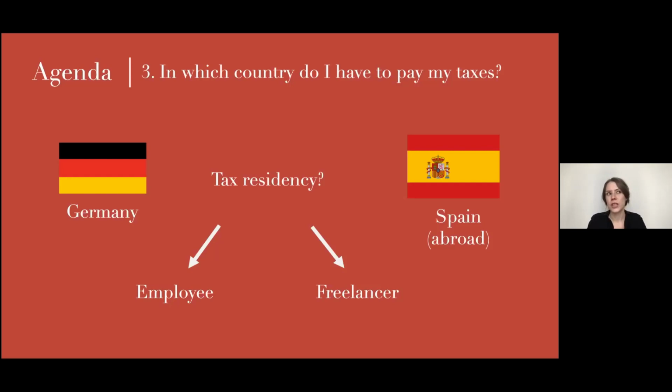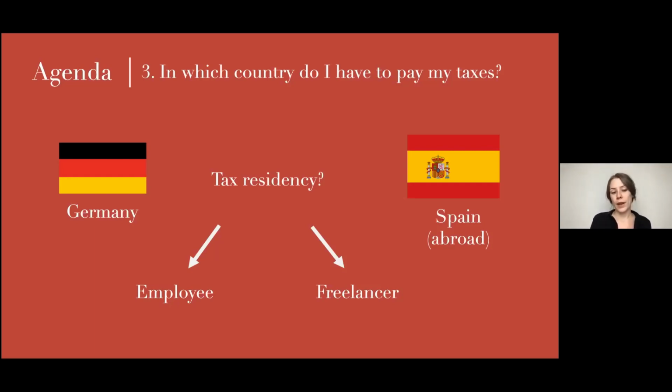There is a procedure, but I do not know the word in English. In German, it's called Lohnsteuerabzugsverfahren. That is why, if you are an employee and intend to work cross-border just for some months, it is not such a big problem, and usually you will get the help and support of your employer.